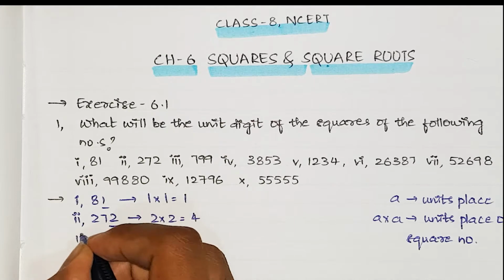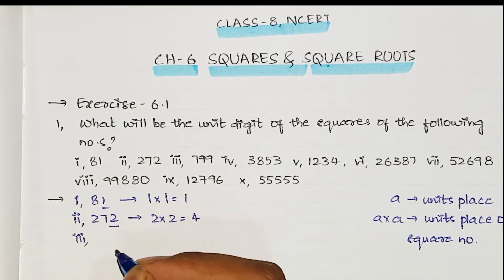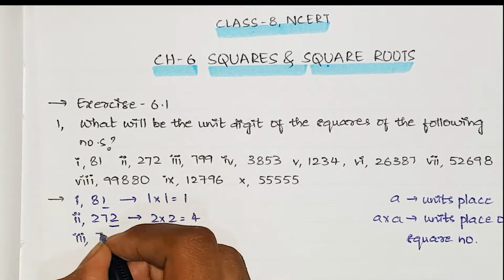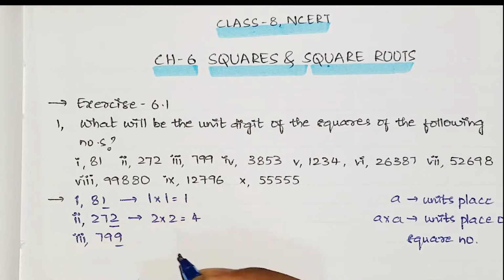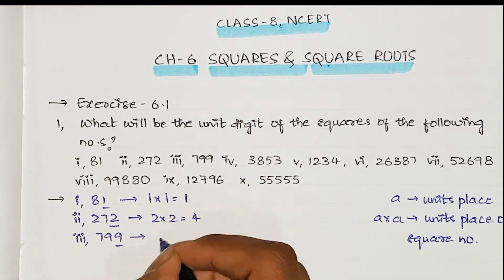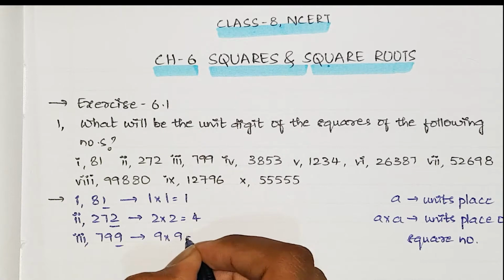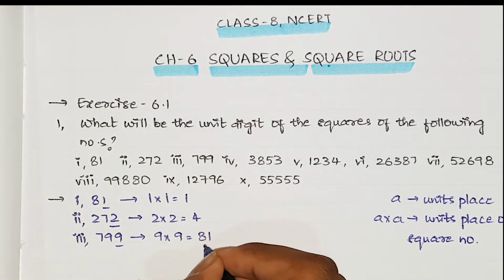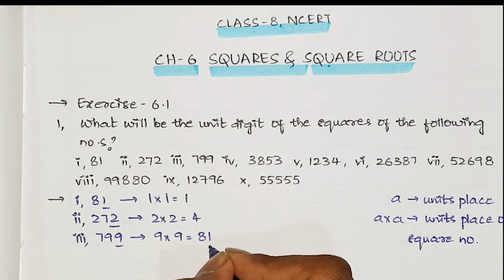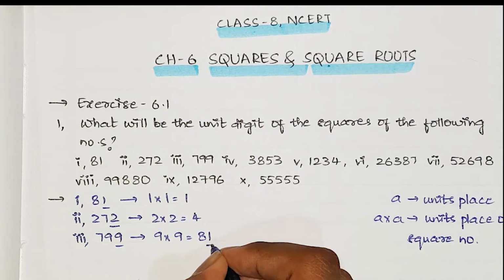Now, if we look at the third one, which is 799, the units digit in it is 9. So if you multiply 9 with 9, we get 81. Now it has 2 digits, so we need to take the units digit of 81, which is 1.